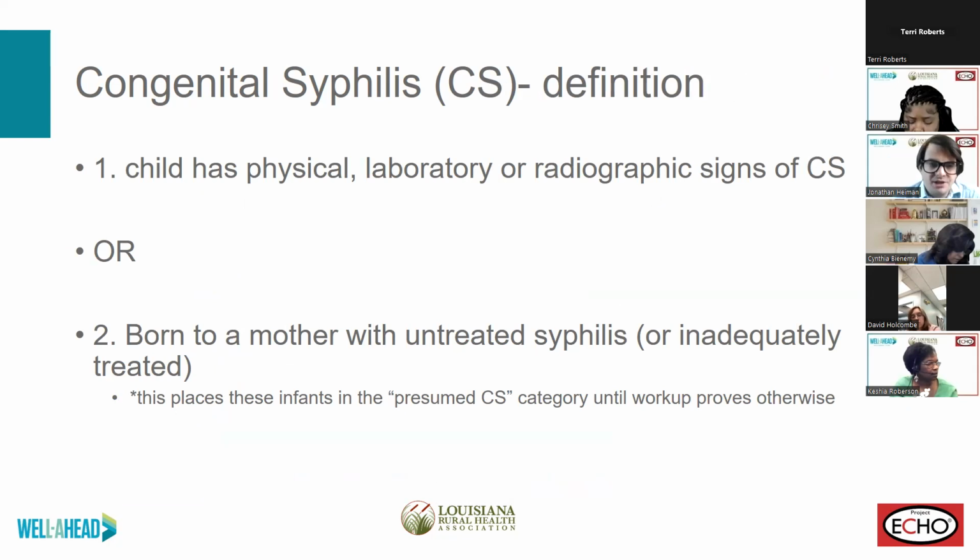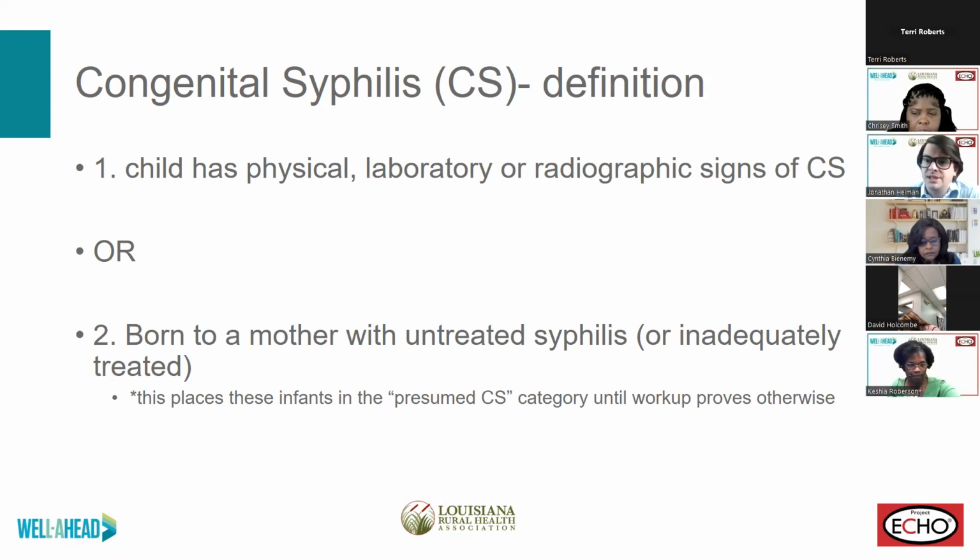Okay, we already talked about the definition. So again, if the child has physical, laboratory, or radiographic signs of this disease, or if they were born to a mother with untreated or inadequately treated syphilis, this places these infants by default in the presumed congenital syphilis category until workup proves otherwise.